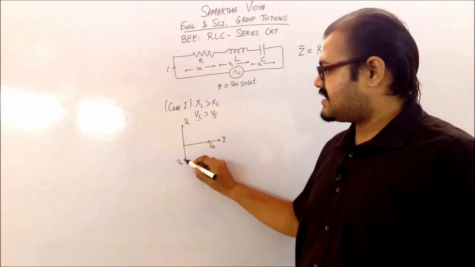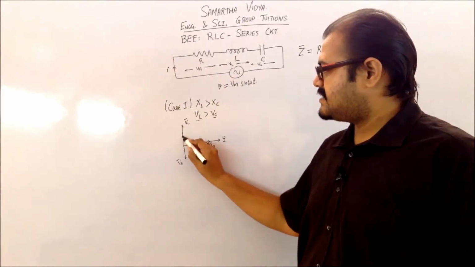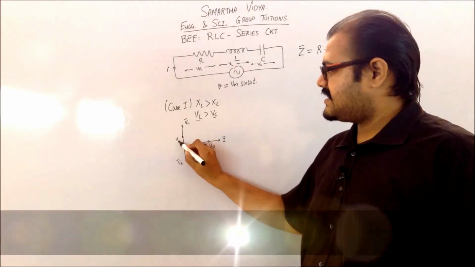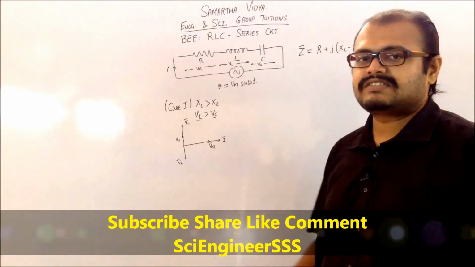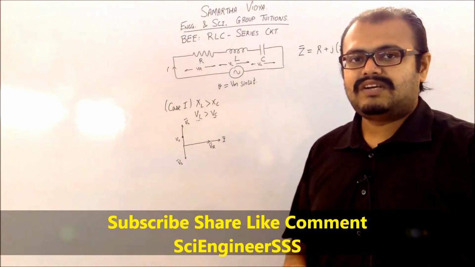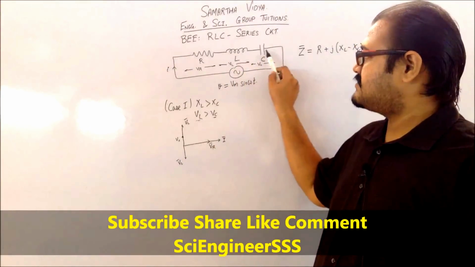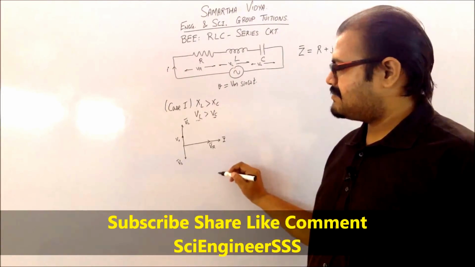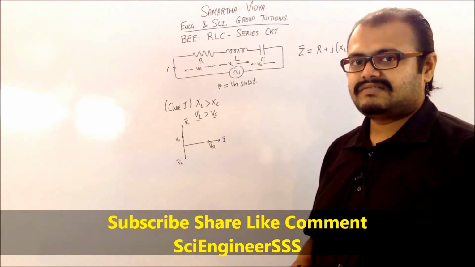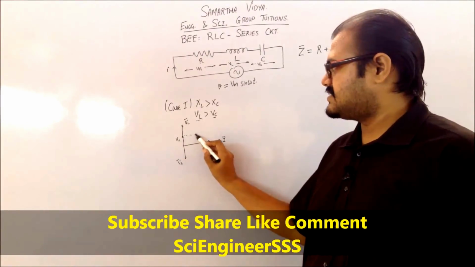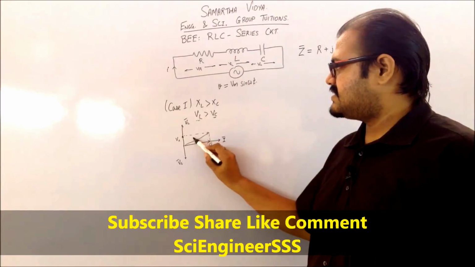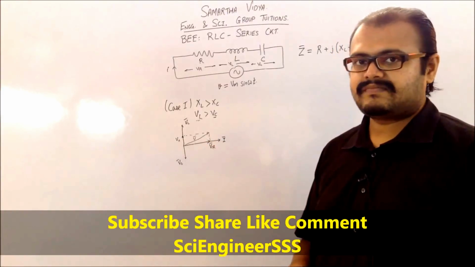So the net effect of these two will be a resultant voltage, let us say VX, which is basically the voltage across the net effect of these two. Now when we are representing our voltage, we have to draw the resultant of it. So this will be my resultant V voltage.